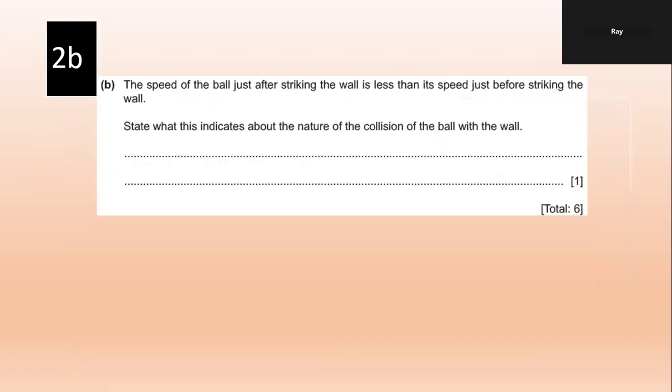The speed of the ball just after striking the wall is less than the speed just before striking the wall. State what this indicates about the nature of the collision of the ball with the wall. Yep.